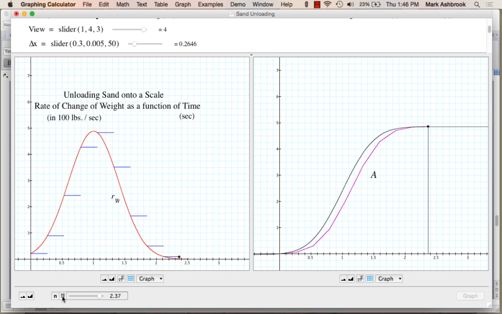Any ideas? It also helps a student who's watching this visualize it better or conceptualize it better if they see it as it happens rather than just a static object.